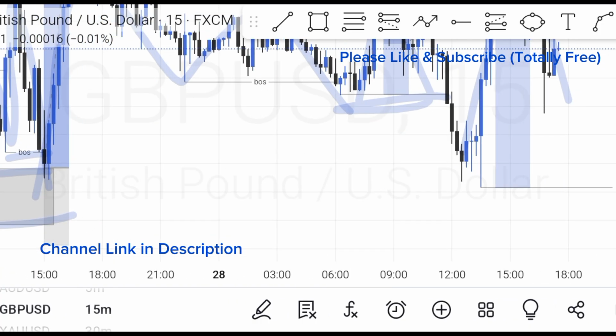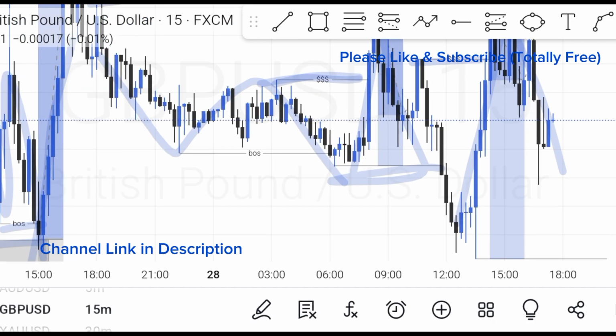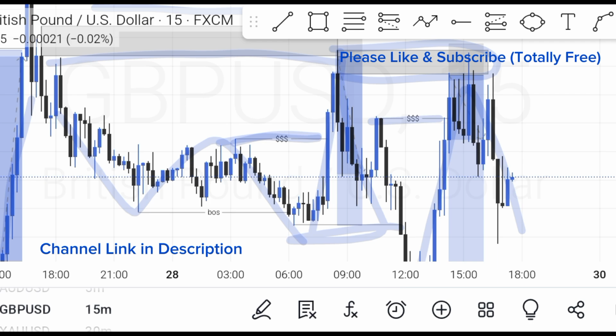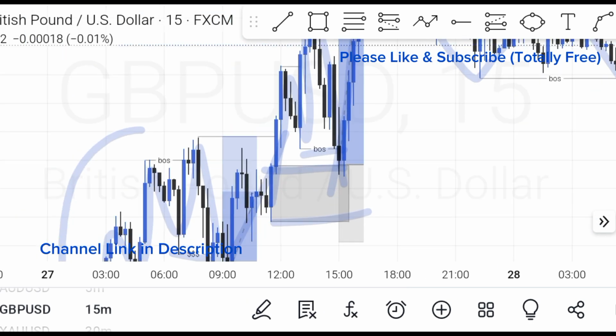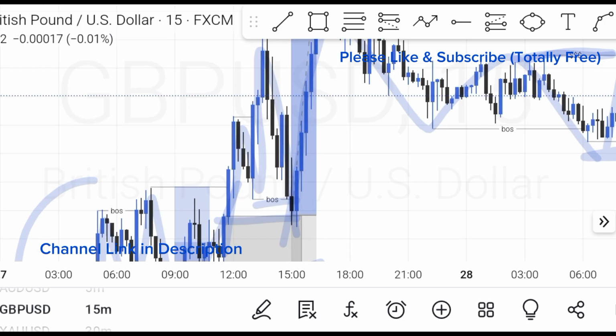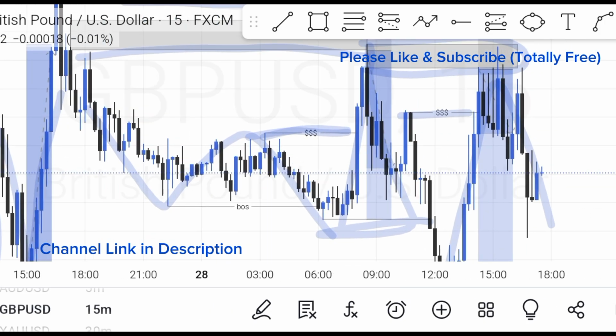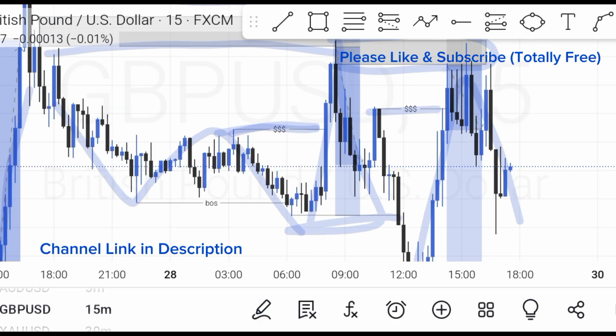Once you have the entry model and you can add it to this inducement strategy, trust me, your trading is going to skyrocket, for real. Maybe I'm going to just draw out the entry model on a plain white screenshot.